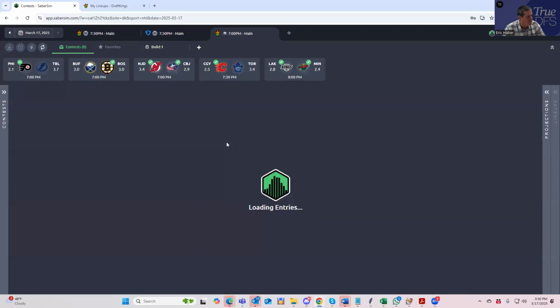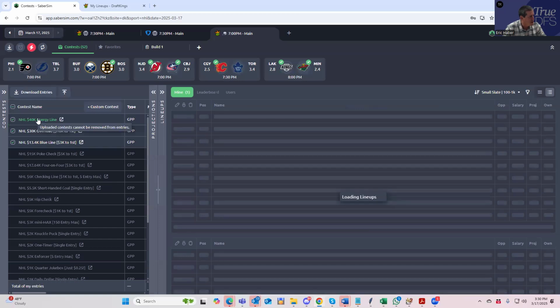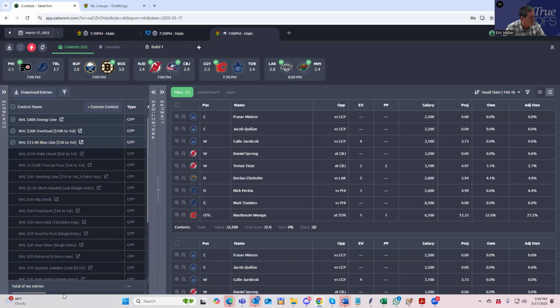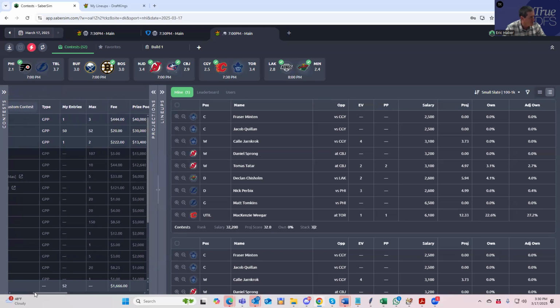Then we'll upload them to here, and you'll see that it says contest 52. So I'm in 3 contests with 52 entries: the energy line, one entry in that, 50 lineups in the overload, the MME, and then one lineup in the blue line, the single entry.